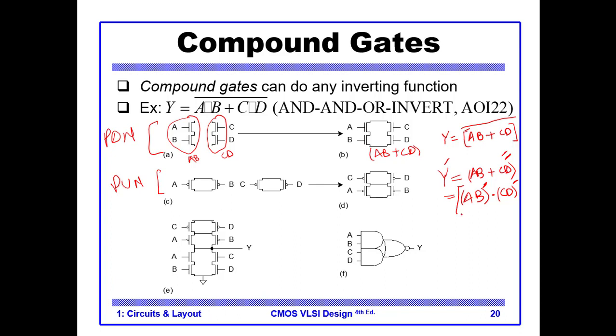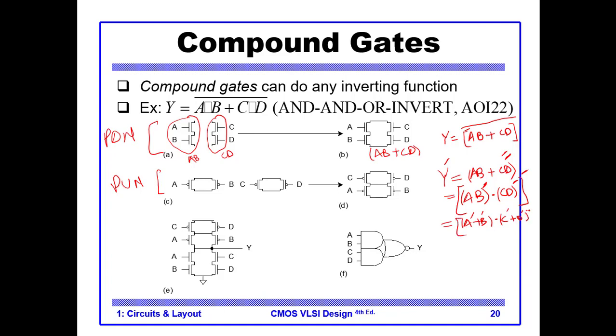So we have only applied the internal bar, and now we will apply this bar, so it will become (A bar plus B bar) and (C bar plus D bar).